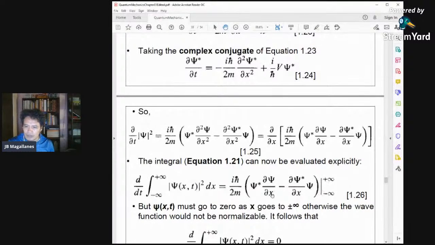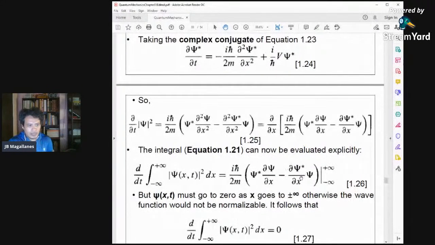Now we had a condition for the wave function that at negative infinity or positive infinity, this psi star is 0. So at negative infinity, this is 0, and this is also 0, so everything will be 0. And at positive infinity, this will be 0 and this also will be 0, so everything will be 0.